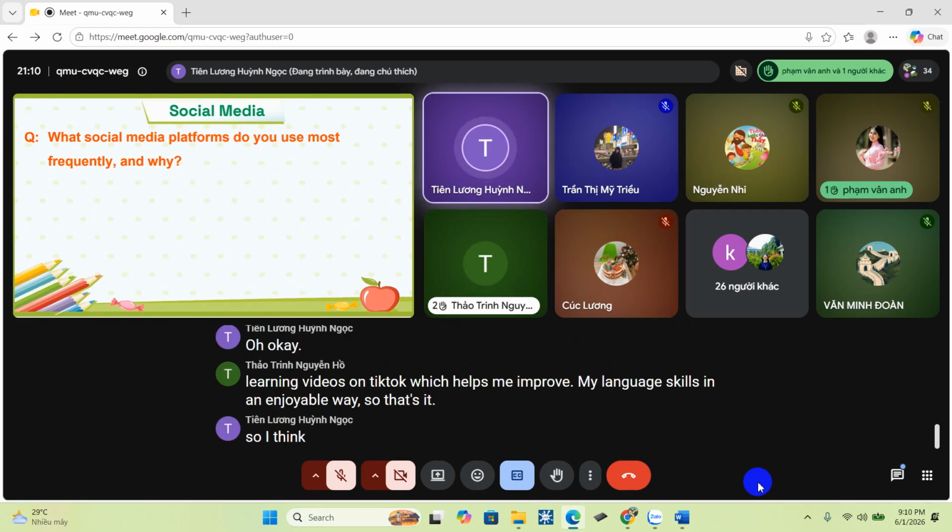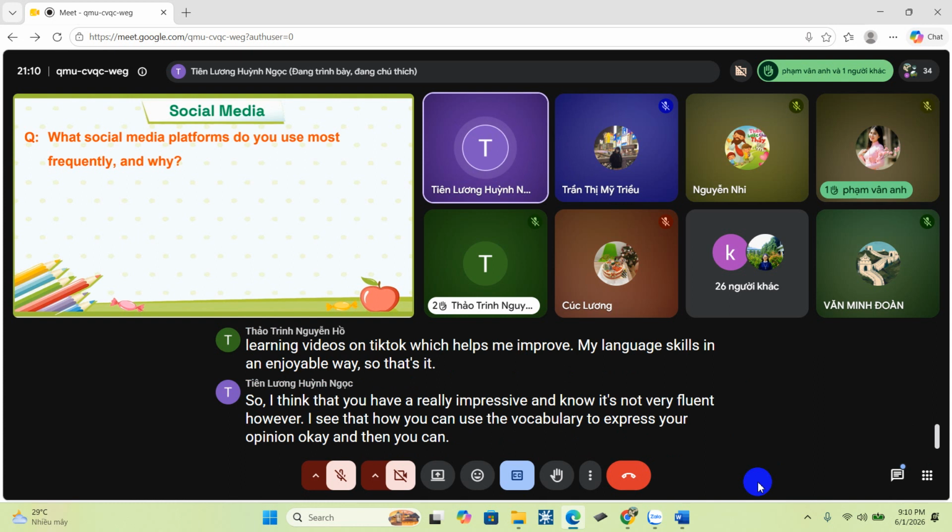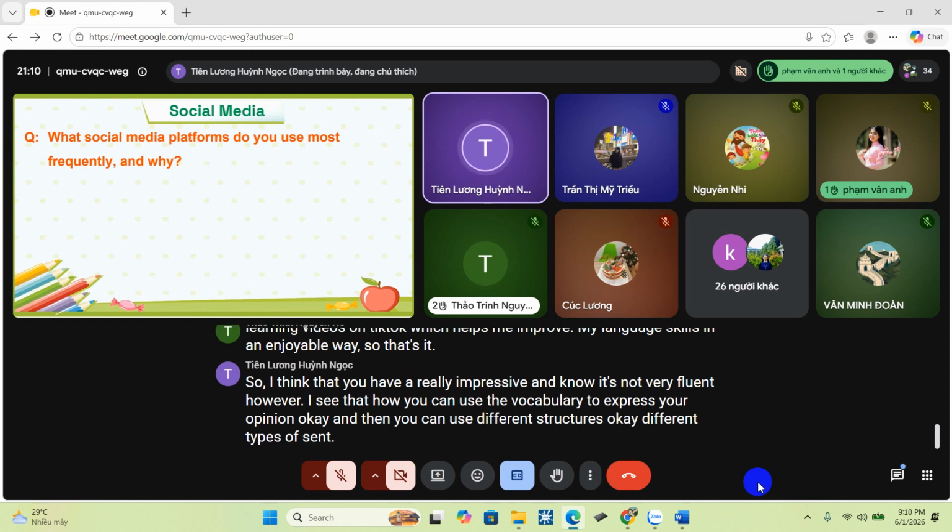Okay, so I think that you have a really impressive answer. Although it's not very fluent, I see how you can use vocabulary to express your opinion. And you can use different structures, different types of sentences, to express your opinion.